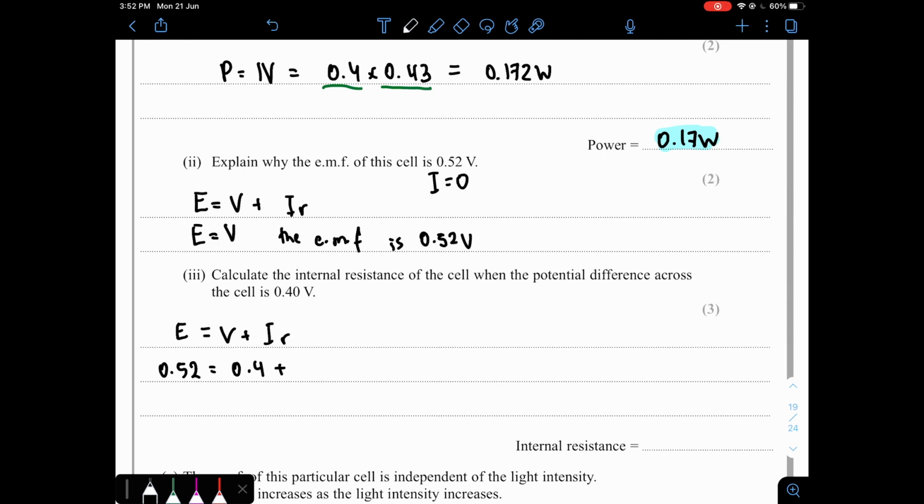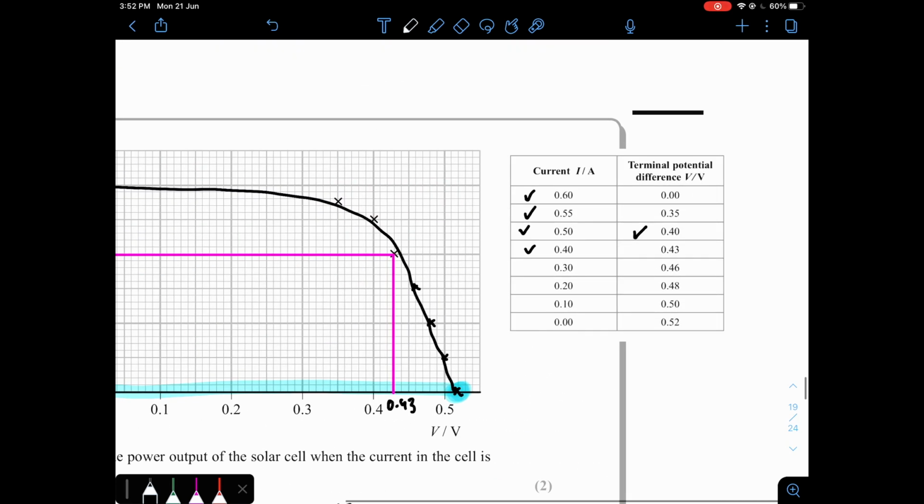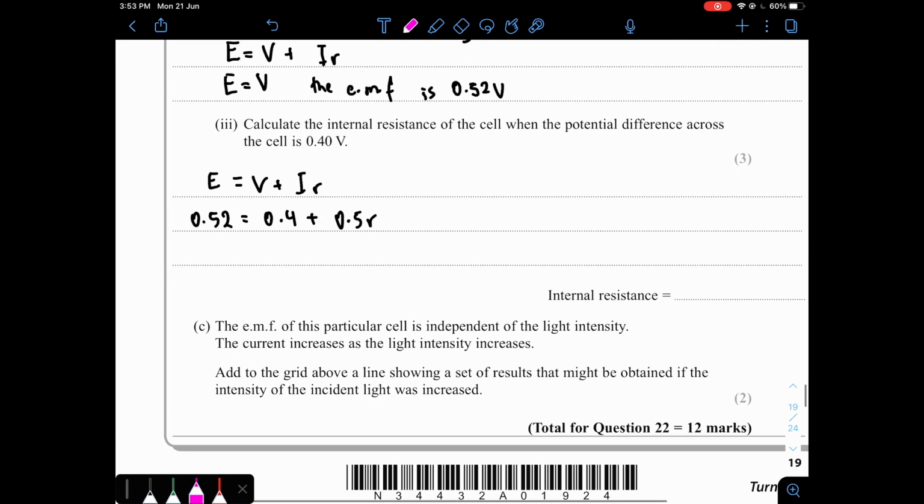What else do we know? We know that I is 0.5. How do I know it's 0.5? Go back to the graph and the information they give us: 0.4 volts equates to 0.5 amps, the terminal potential difference. So we have to rearrange: 0.52 take away 0.4 equals 0.5 r.